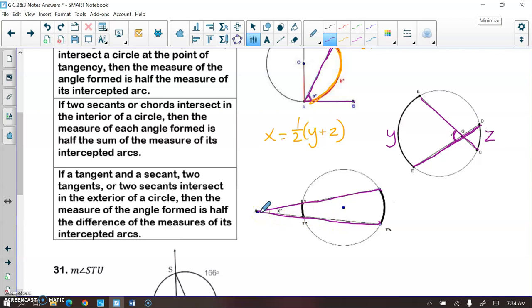Then the angle formed, so angle X here, and I'm going to label this Y and Z. So this arc is Y and this smaller arc is Z. Then the angle X is going to be half the difference of these two arcs. So X is going to be equal to half the difference. We take the bigger arc minus the smaller arc.